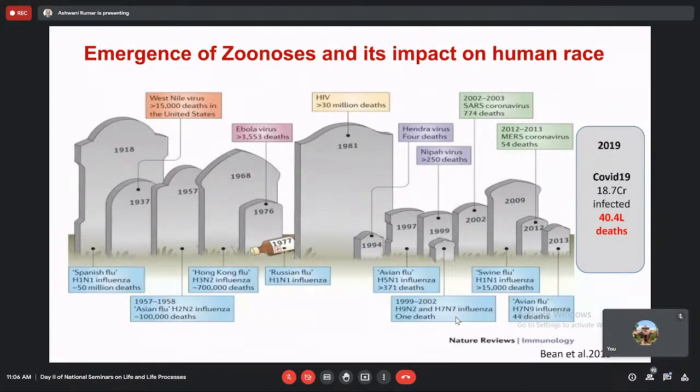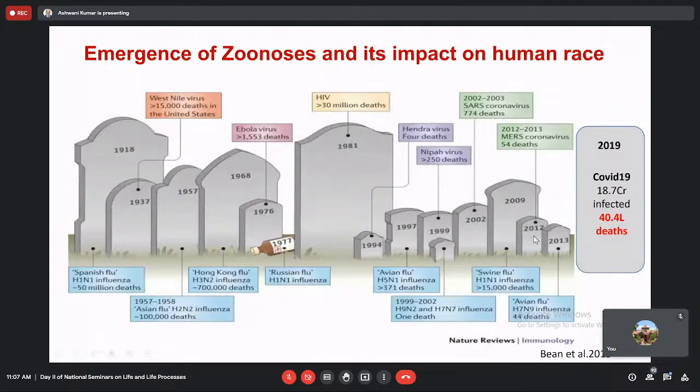Up to 2000, there were 10 major outbreaks, pandemics, in the last century, occurring at an interval of about 10 years, starting from Spanish flu up to the Nipah virus here.